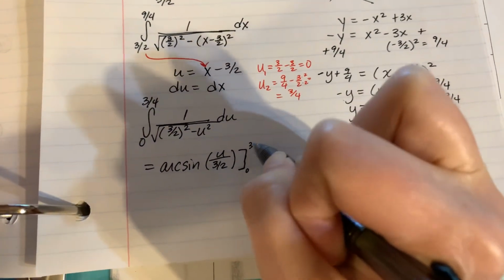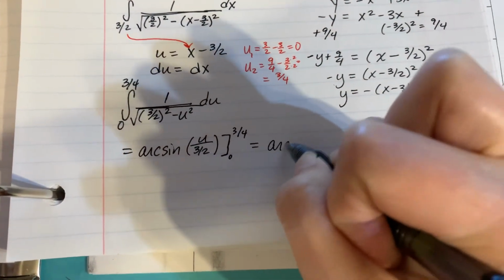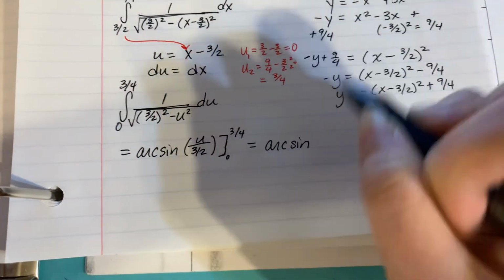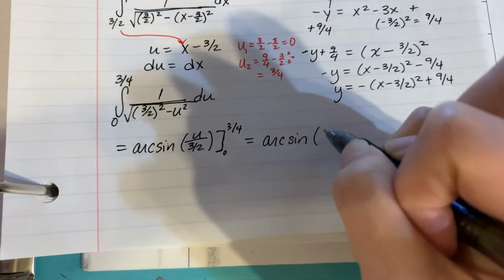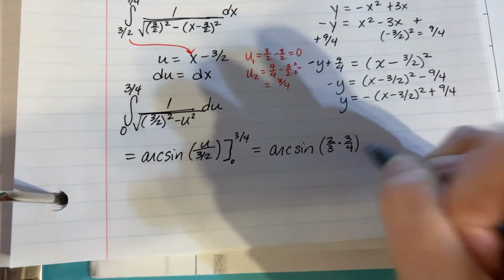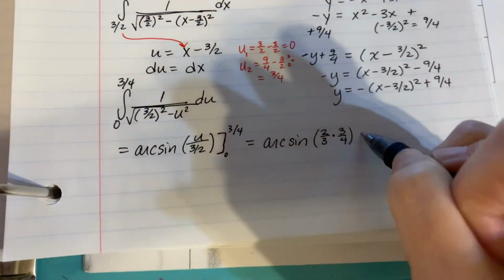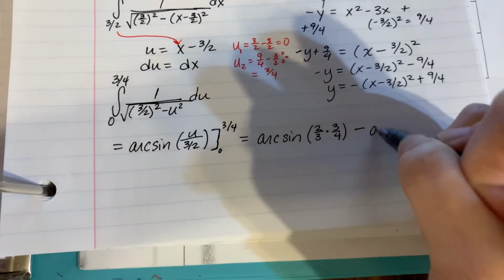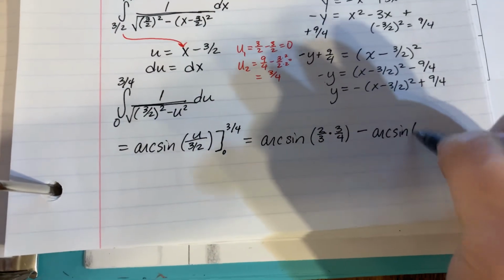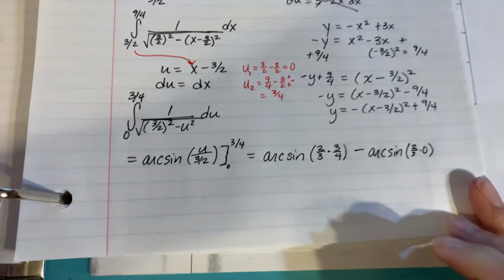Evaluated from 0 to 3/4. So that's going to be the arc sine of 2/3 times 3/4. See that? 2/3, I just flipped that. And then 3/4 going on top. Minus arc sine of 2/3 times 0.